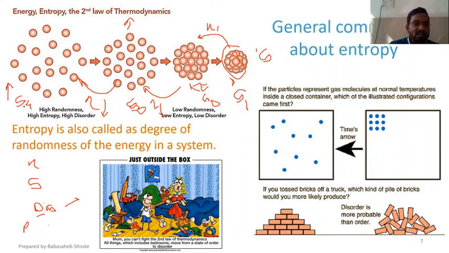S3 will be smaller than S4, S2 will be smaller than S3, and S1 will be smaller than S2. So when you increase the degree of disorder, there will be an increase in entropy and a decrease in efficiency.